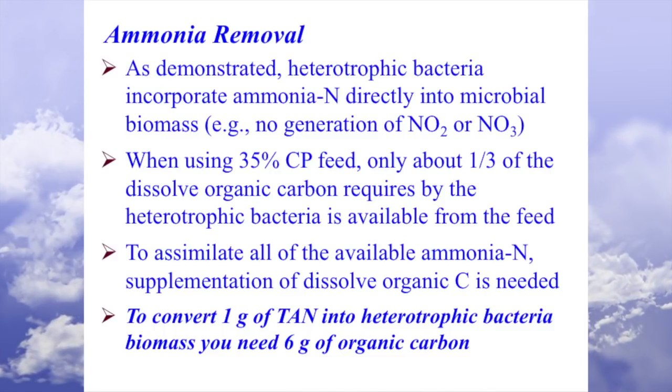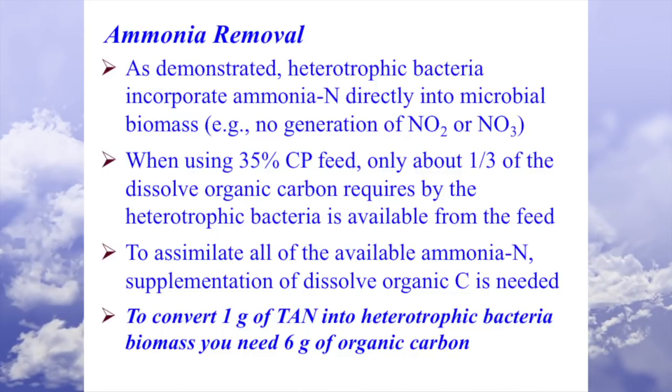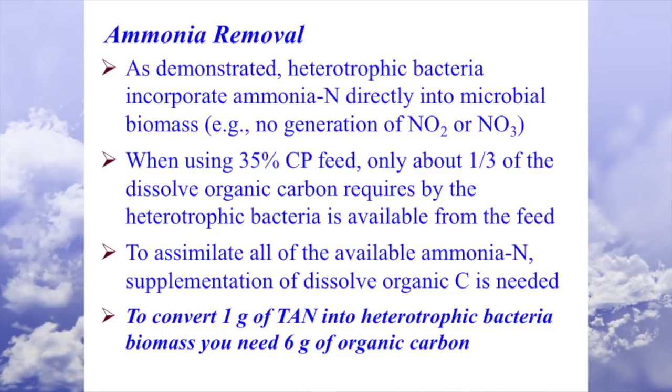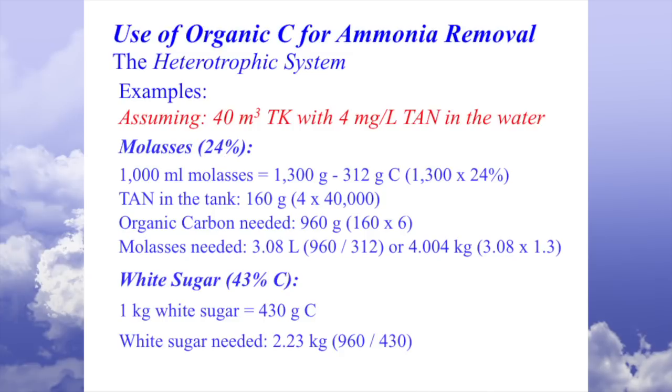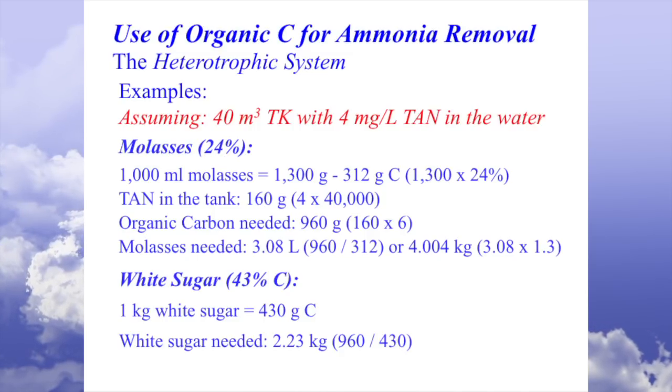We are using 1 gram of total ammonia nitrogen to 6 grams of organic carbon in order to deal with the ammonia. Here is an example of using organic carbon: heterotrophic conversion in a tank of 40 cubic meters.